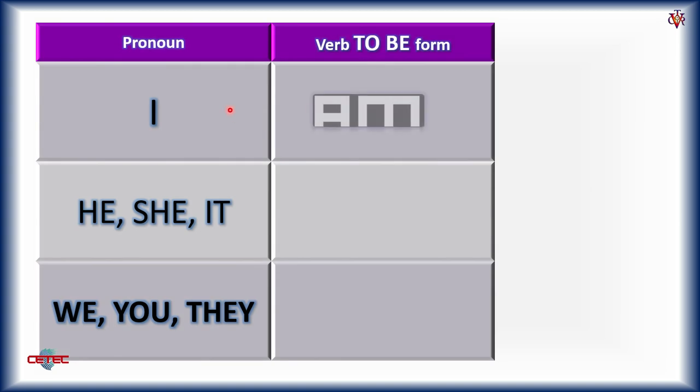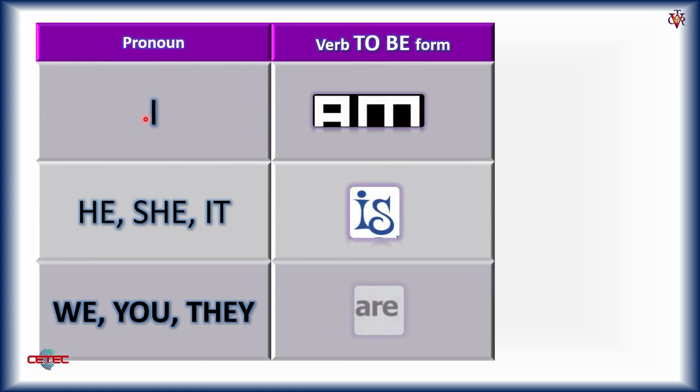Now, the structure that we have to use is a pronoun: I, he, she, it, we, you, they. But now we have to use the verb to be. Here, am, is, are. Don't forget that here: I am, he is, she is, it is.